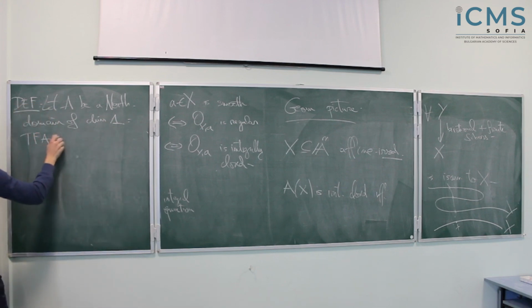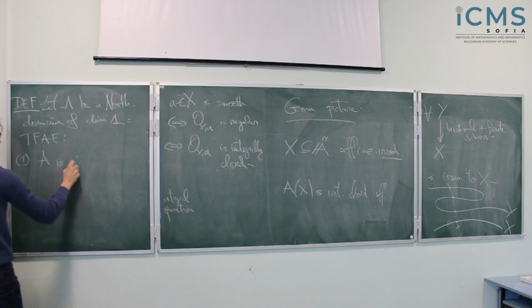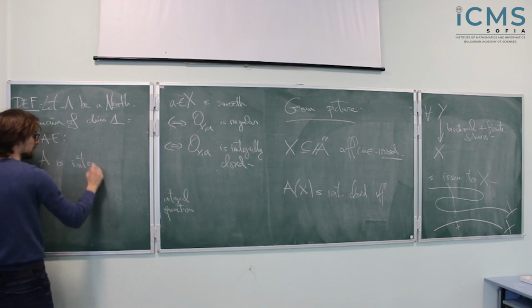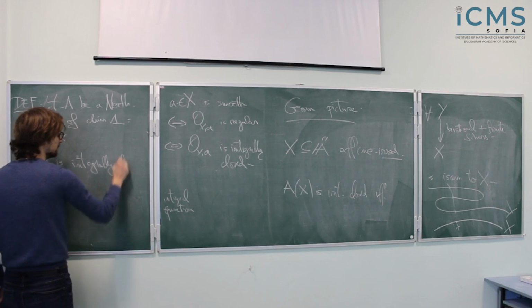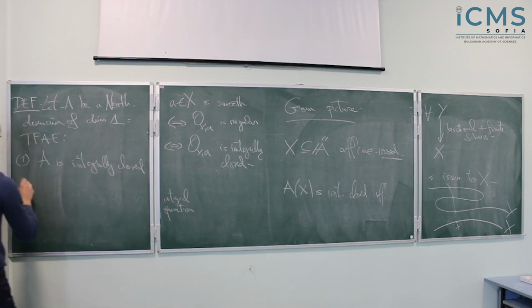Then we have the following. The following are equivalent. A is integrally closed, and all of its localizations are DVRs. What does that mean?